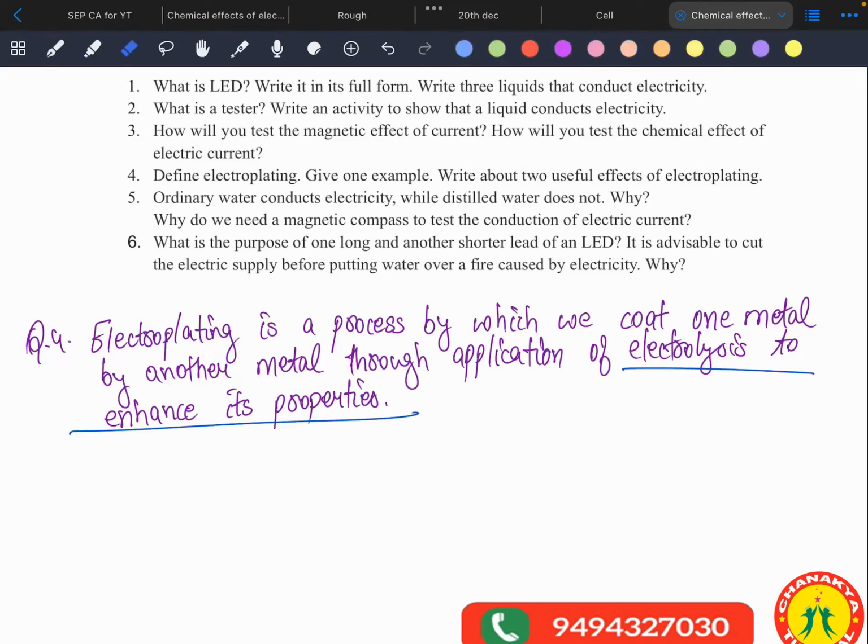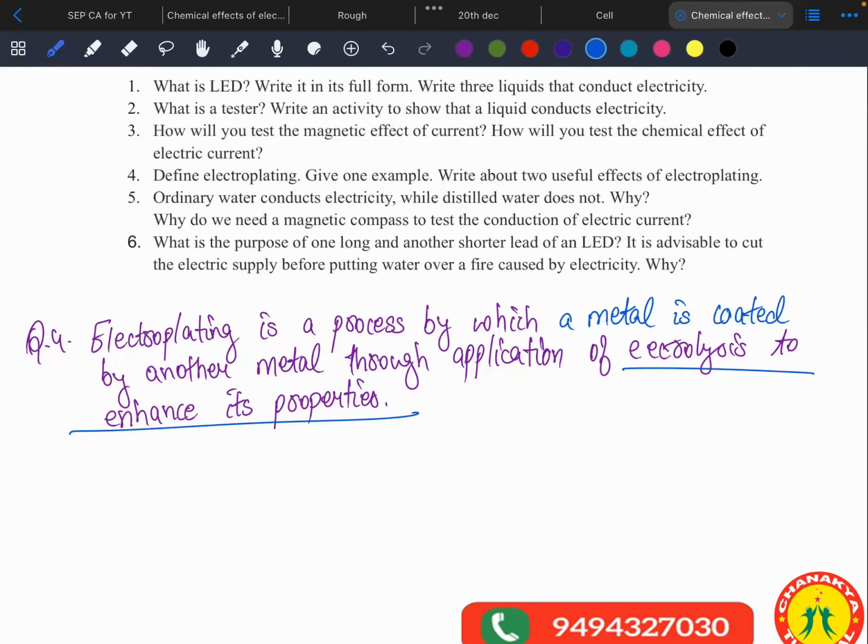So electroplating is a process by which a metal is coated by another metal through the application of electrolysis to enhance its property. The main purpose of electroplating is to enhance the property of a metal.